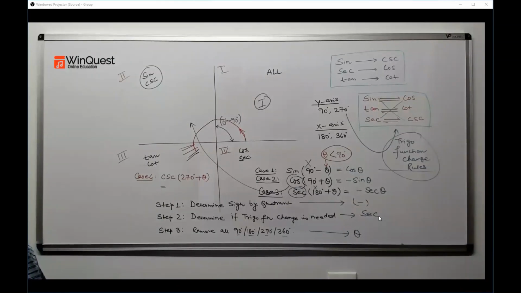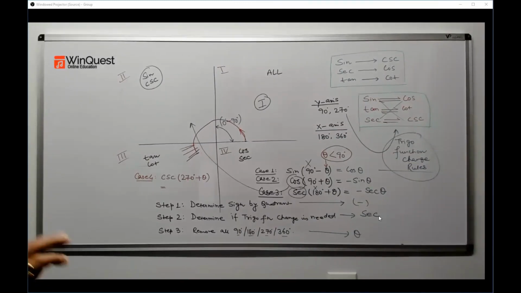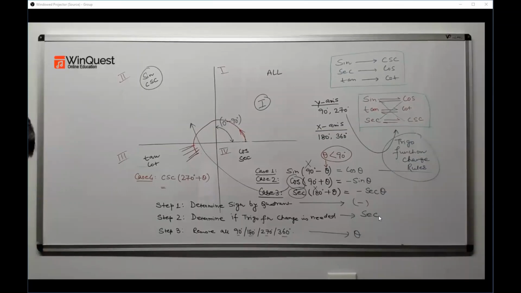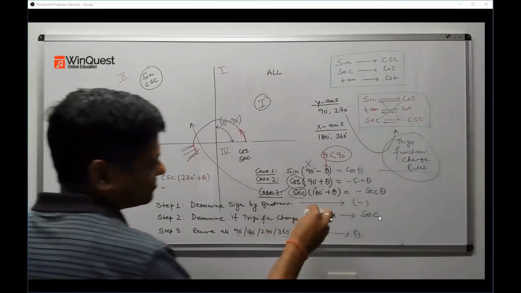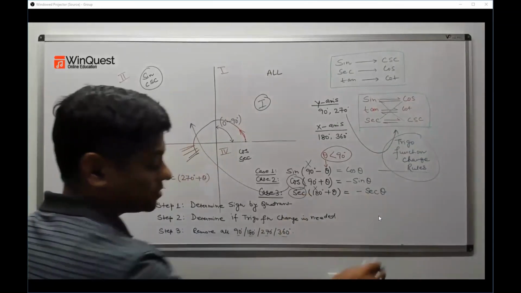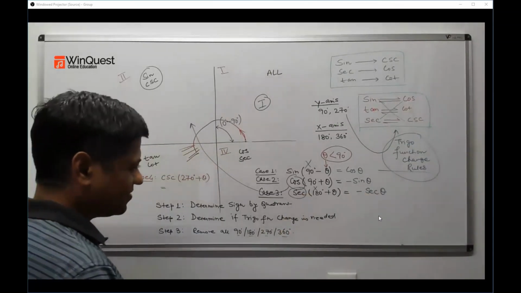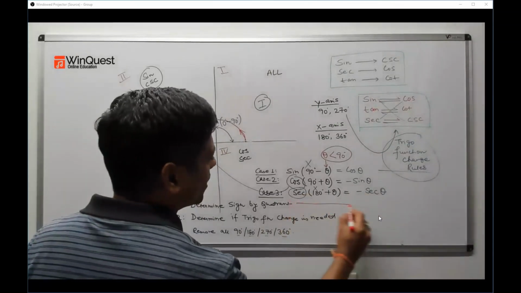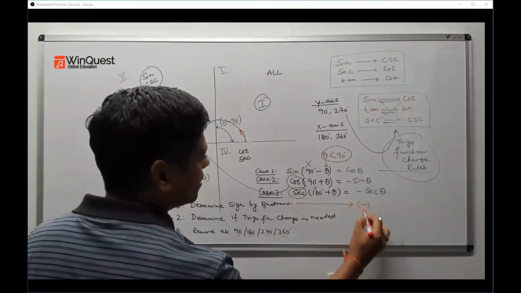It's quadrant 4. Easy, welcome. Isn't it negative CSC theta? Okay. So it takes negative. Sign by the quadrant rule gives negative.